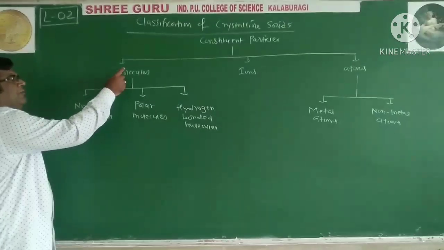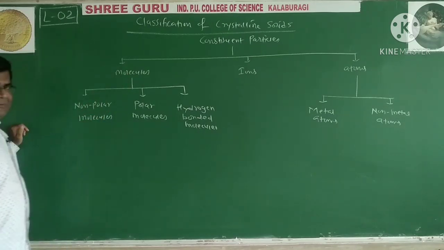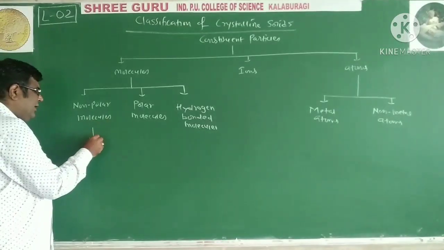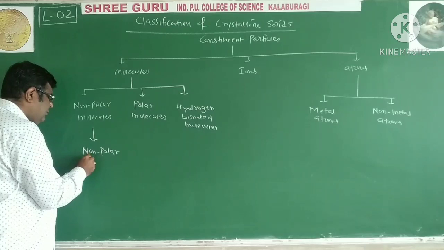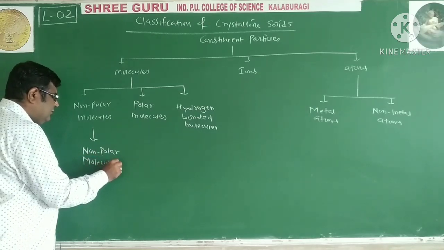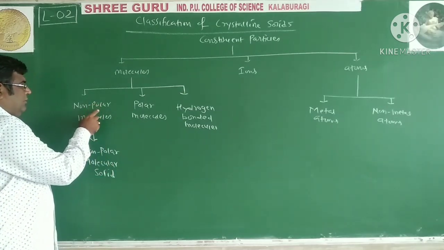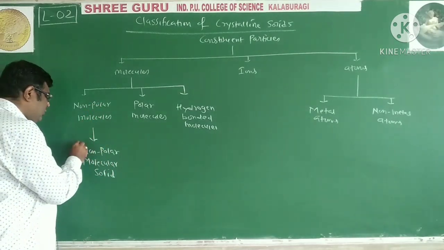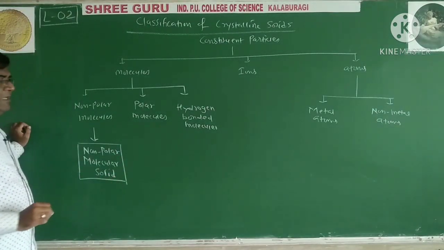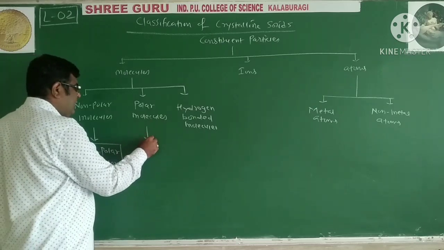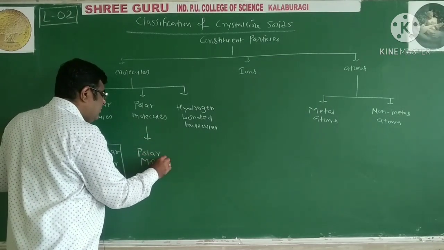Now, when constituent particles are molecules and the molecules are non-polar, this is called a non-polar molecular solid. Non-polar molecules form a non-polar molecular solid. When the constituent particles are polar molecules, it is called a polar molecular solid.